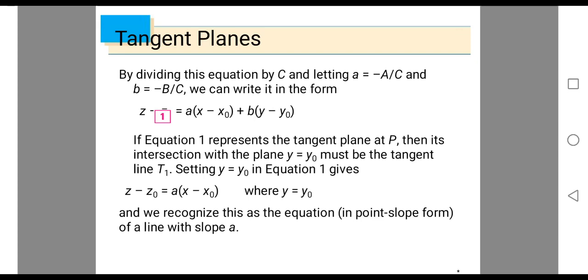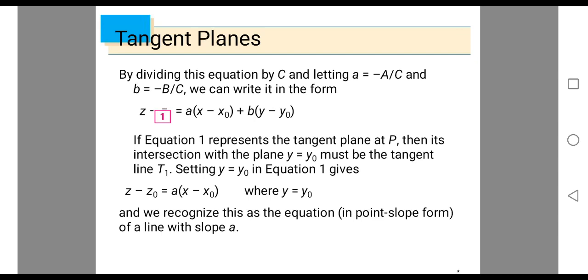The equation of the tangent plane to the surface z equal to f of x, y at the point P, which has x0, y0 and z0, three components, is z minus z0 equal to fx at x0, y0 into x minus x0, plus fy at x0, y0 into y minus y0. So this is the equation for the tangent planes.